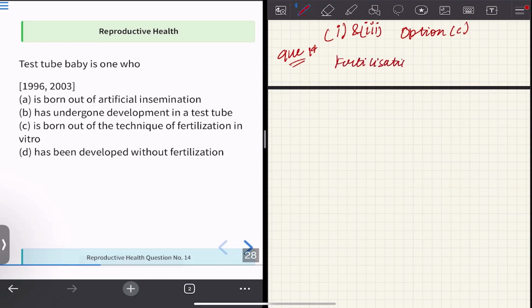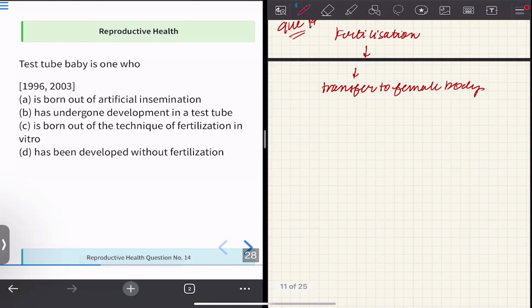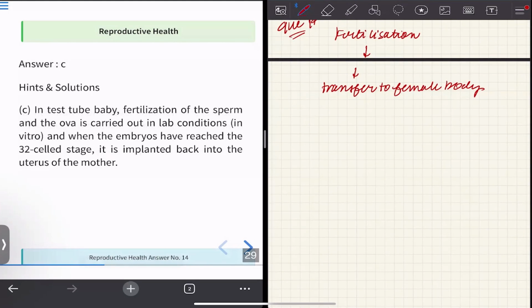After fertilization, we transfer it to the female body. So option C, that the test tube baby is born out of the technique of fertilization in vitro, is the correct one.